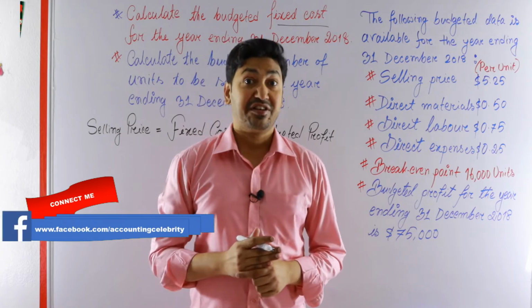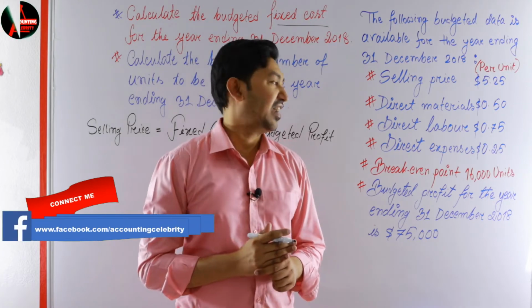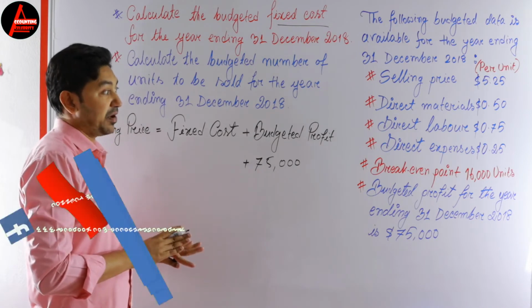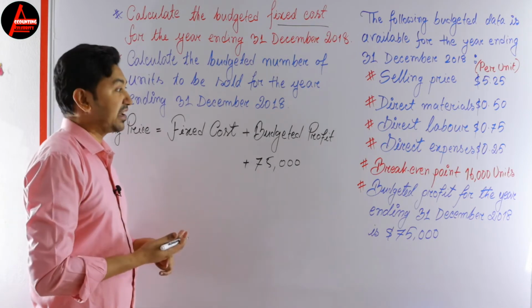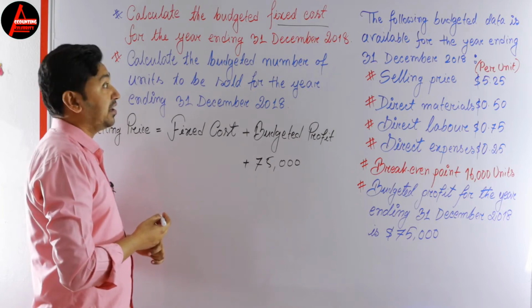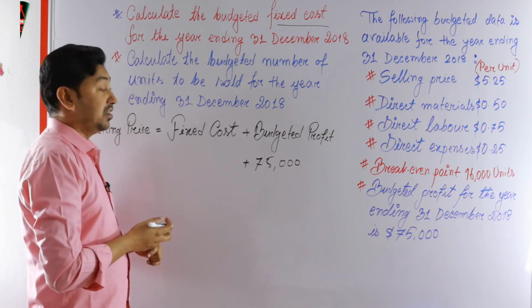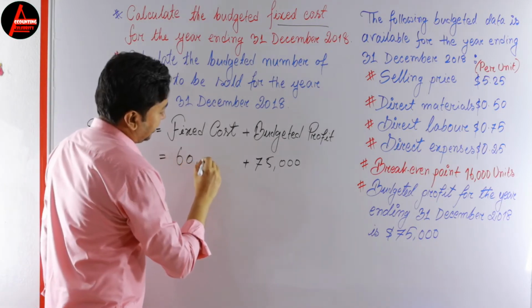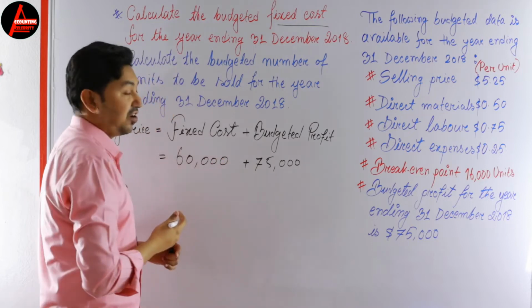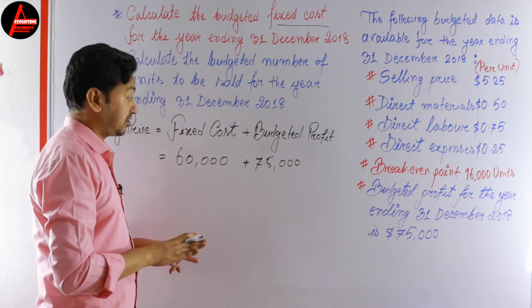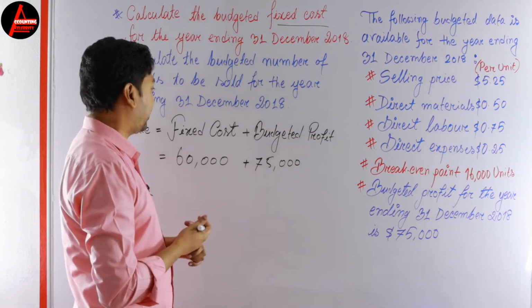Otherwise you will not understand many things. Okay, so here if we have fixed cost, if we have budgeted profit, then we can calculate the number of units to be sold. So here in the previous lesson I showed that the budgeted fixed cost was $60,000. Today I'm not going to talk about how to calculate fixed cost. Okay, so please watch that video first of all.